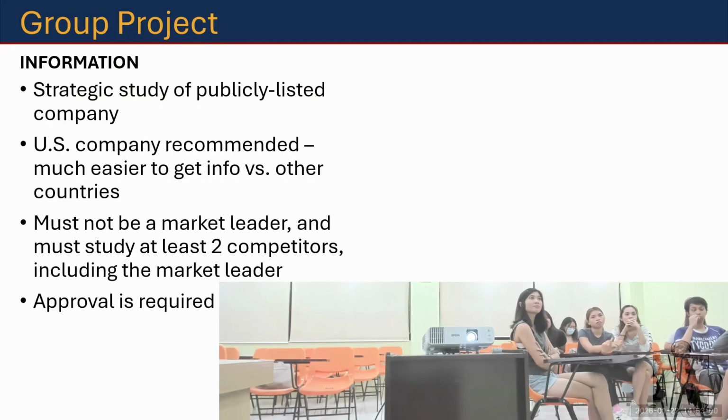Approval is required, meaning I will post in a group saying, please reserve your company and its two competitors, and then you will post, and then I will approve. First come, first serve, because groups in this class cannot choose the same company.